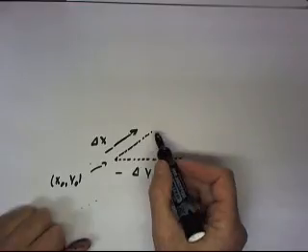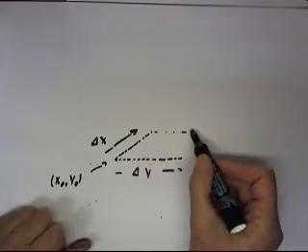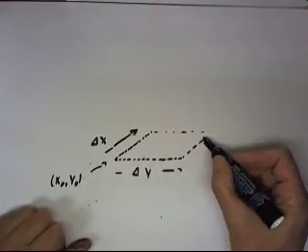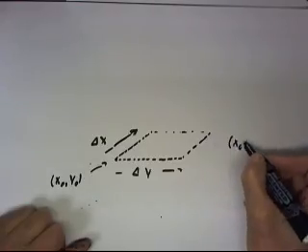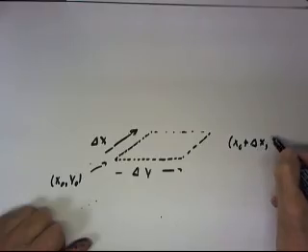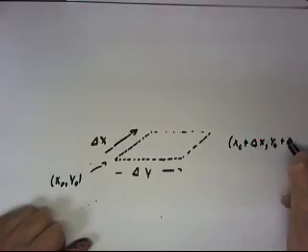Okay, I'm going to complete this rectangle. So now here I've got the point x naught plus delta x, y naught plus delta y.